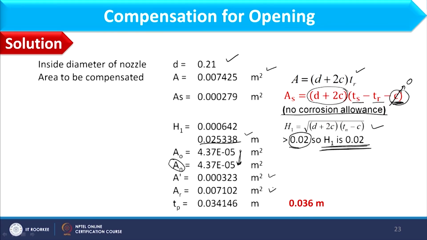The area of the ring pad we can compute using the regular expression, and further using the expression of AR as well as TP, we can find TP as 34.14 mm, and the next standard value of this is 36 mm. So in that way we can find the thickness of the ring pad as 36 mm.